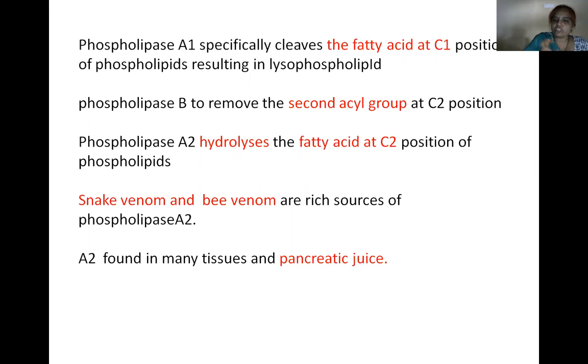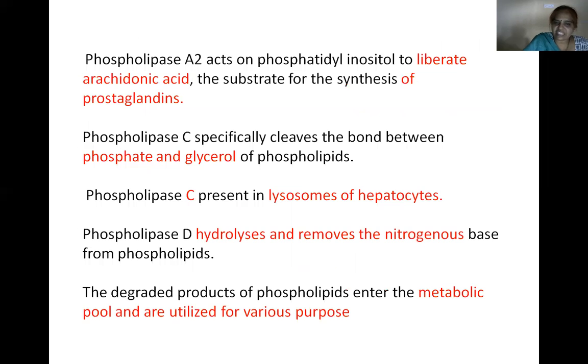A2 hydrolyzes the fatty acid at the carbon 2 position. B removes the second acyl group at the carbon 2 position. And C, present in the lysosomes of the hepatocytes, cleaves the bond between the phosphate and glycerol.